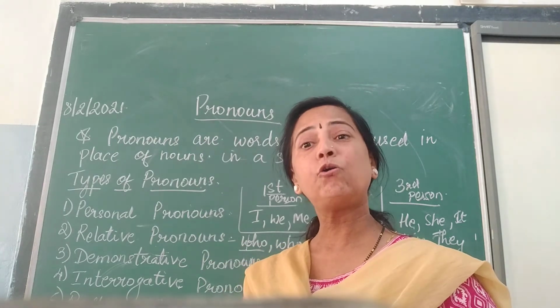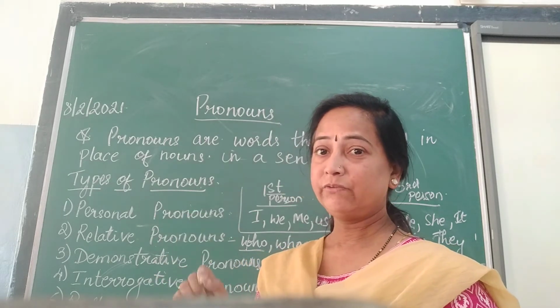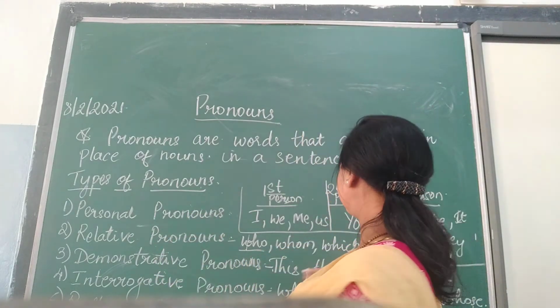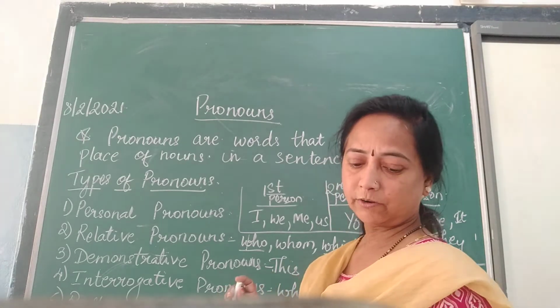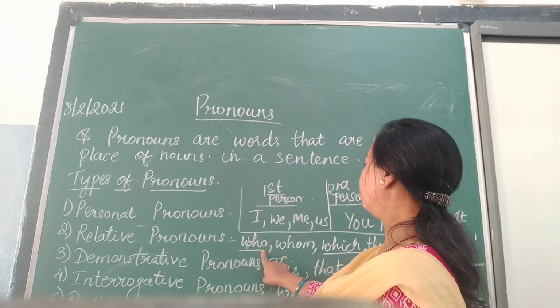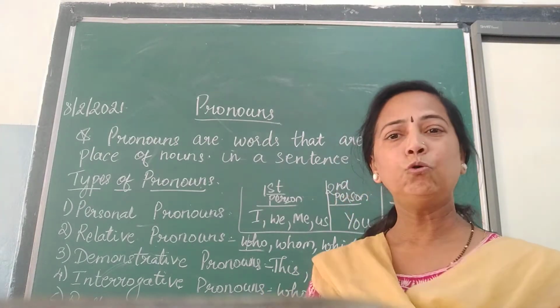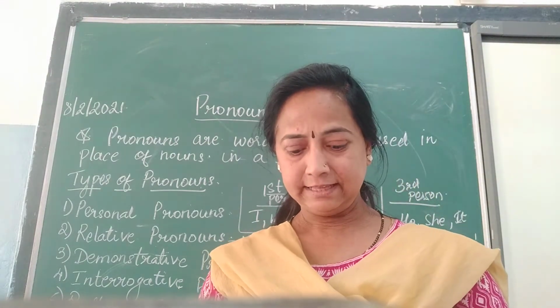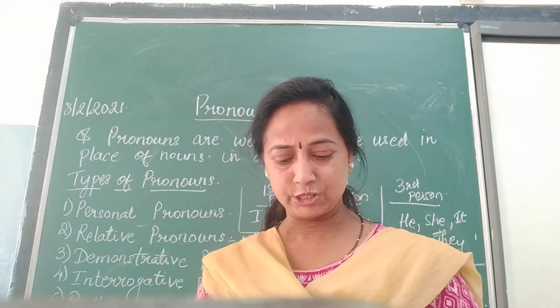This is the road. Where does it lead? It leads to Vijayanagar. Which is the relative pronoun here? The word which. The words used here are who, whom, which, that. These are the relative pronouns that can be used.